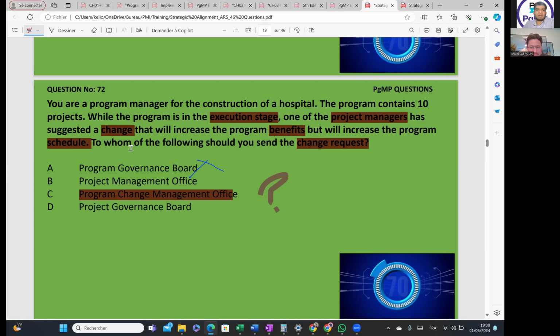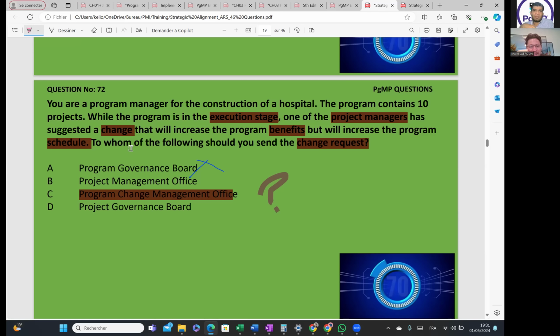The first thing, B and D are talking about project management office and project governance board. These are gone. I eliminate them. Second, the only office we have is PMO. There is no other office in the whole PMI.